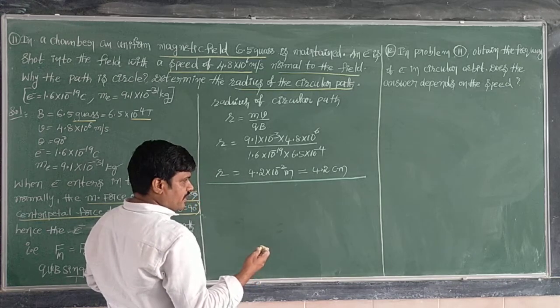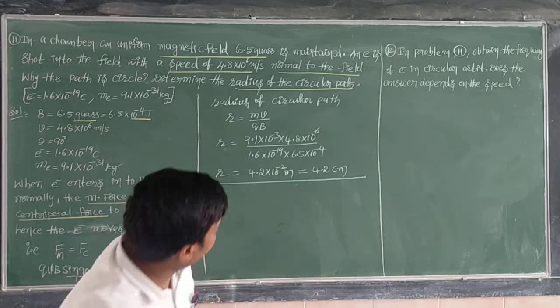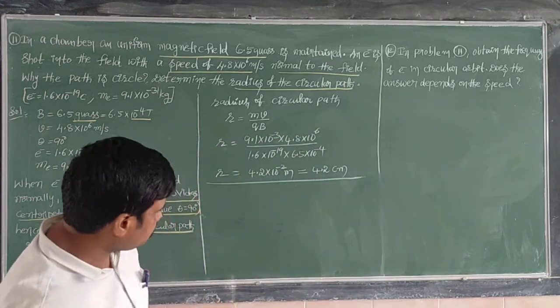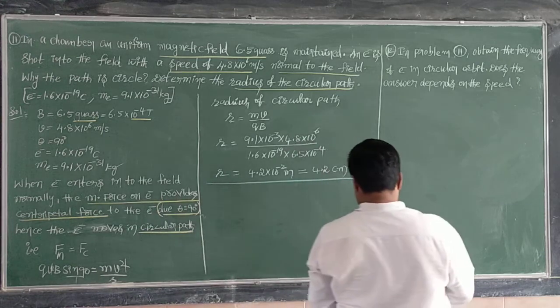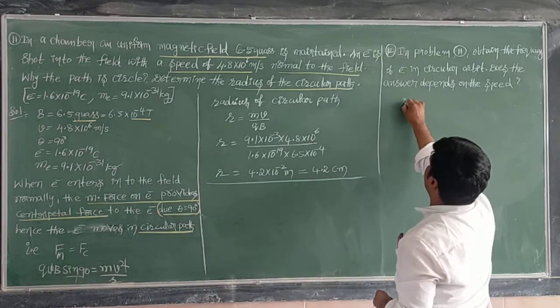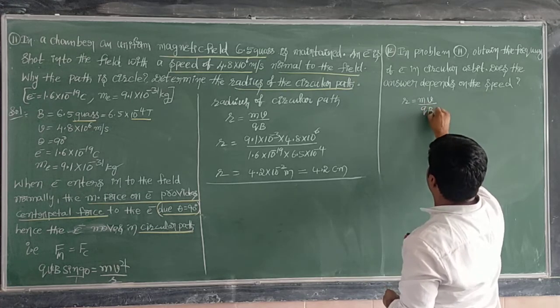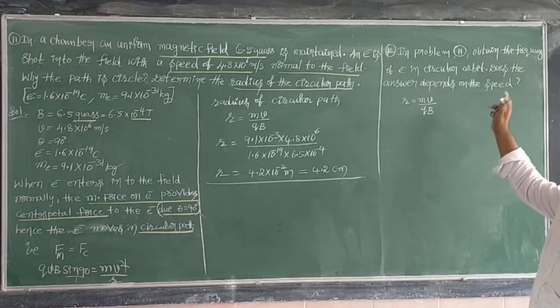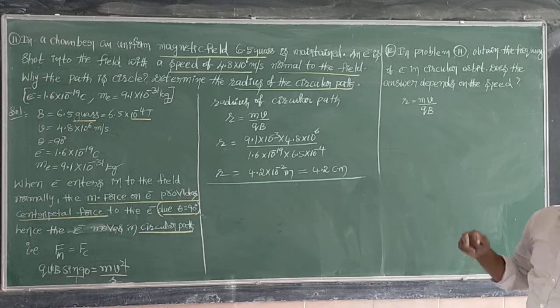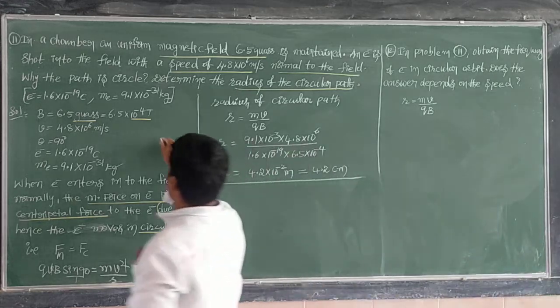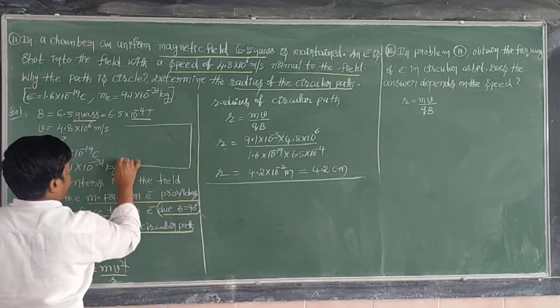For this, I am going to begin the solution here. I know that r is equal to mv divided by qB. What is the frequency of the electron in a circular orbit? The frequency is nothing but the cyclotron frequency of the magnetic field.